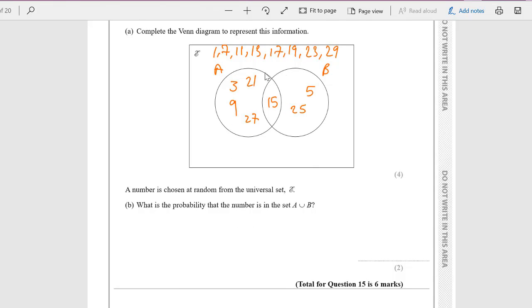So the 7 from here and the 8 here, 7 plus 8, 15. What's the probability the number is in the set A union B? It has 7 values. So 7 over 15.